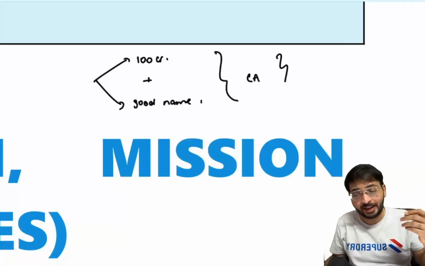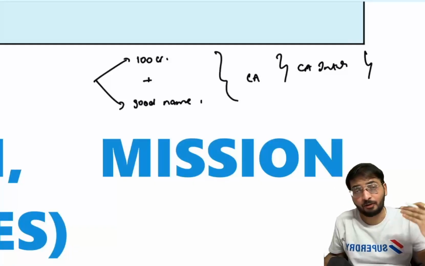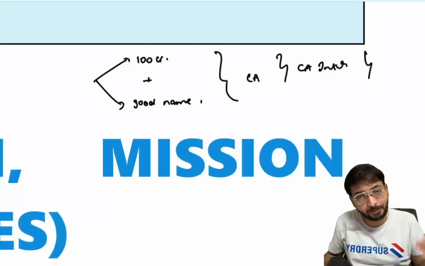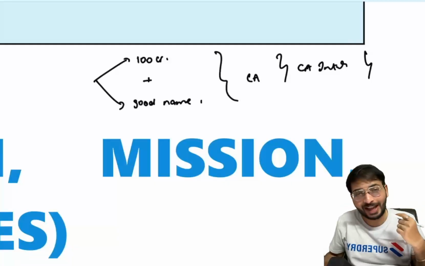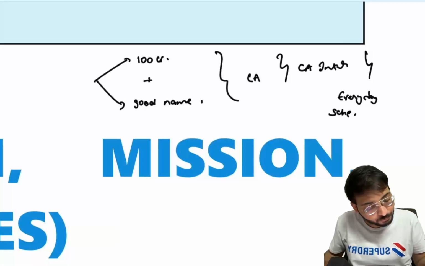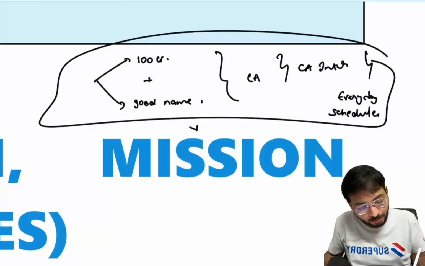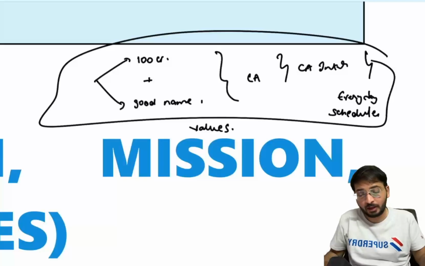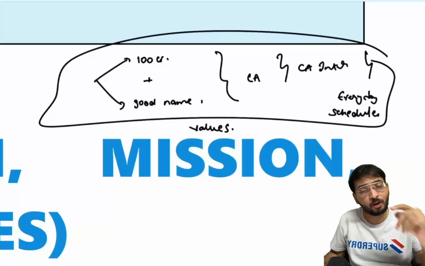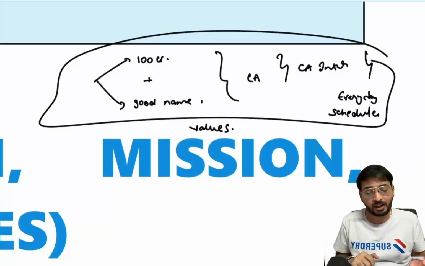To clear CA, where are you right now at the current level? Your CA Inter. Now, to clear the CA Inter, what do you have to do? You have to do everyday timetables, everyday schedules, you have to write the exams properly, all this, right? All these are governed by something called your values. 100 crores you can earn illegally also, but you are earning ethically, that is called values.